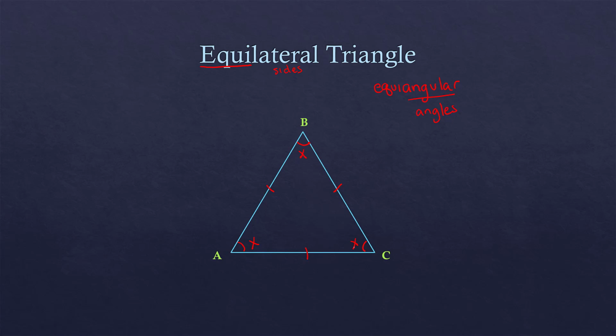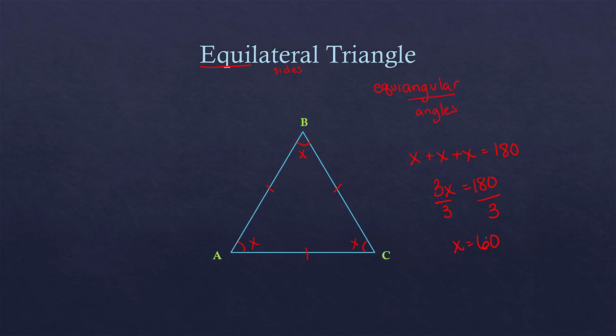We can add the angles of a triangle up and it's going to equal 180 degrees. That's the triangle sum theorem. So combine my like terms and divide by 3, and we can see that every angle of this triangle is going to be 60 degrees.